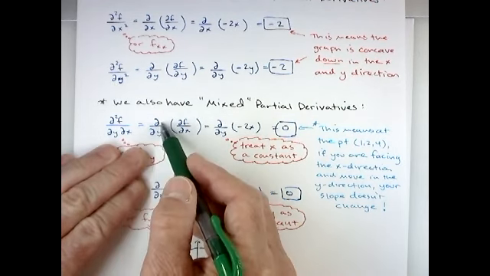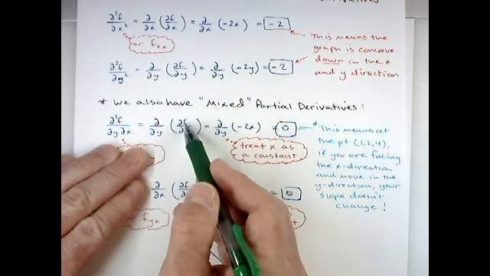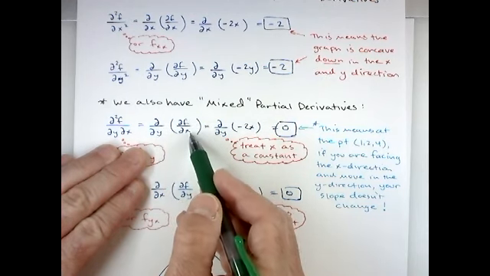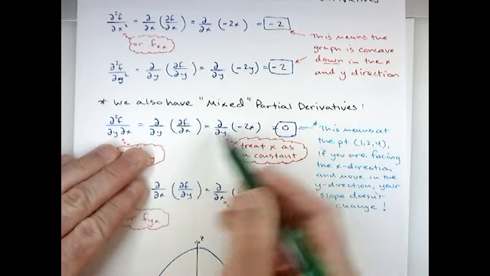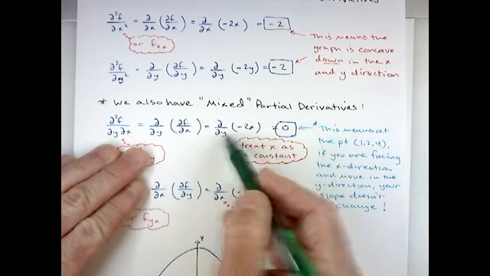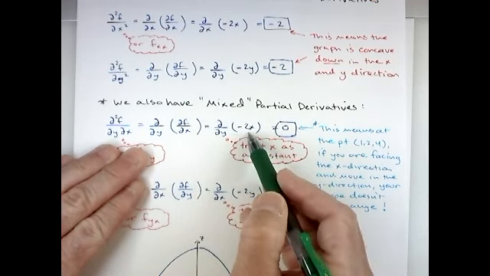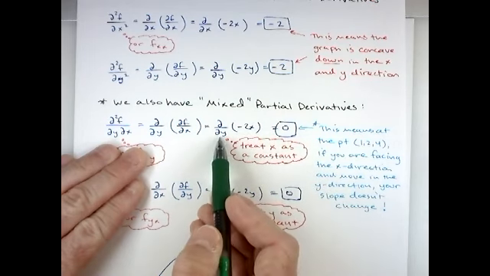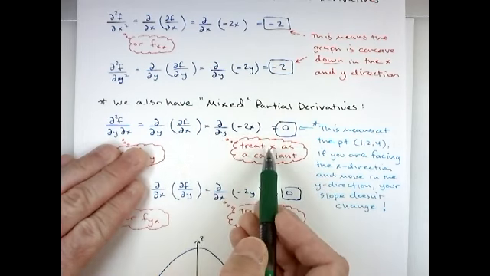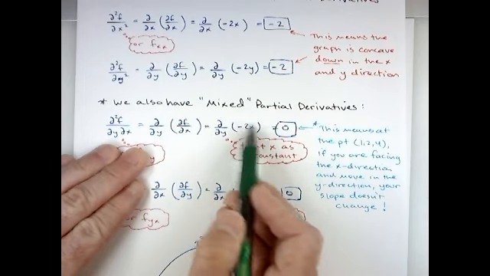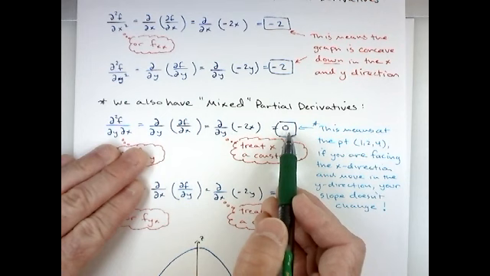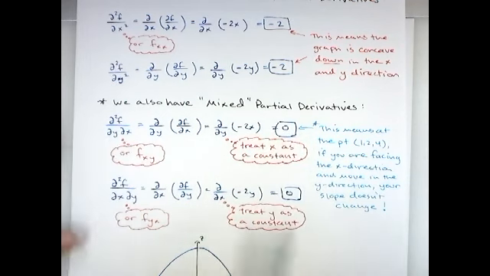That means you're going to take the partial derivative with respect to y of the partial of f with respect to x, which is the partial with respect to y. Remember, that was negative 2x. Remember, when you're doing a partial with respect to y, you're treating x as a constant. So that means this whole thing is a constant. The derivative of a constant is 0.